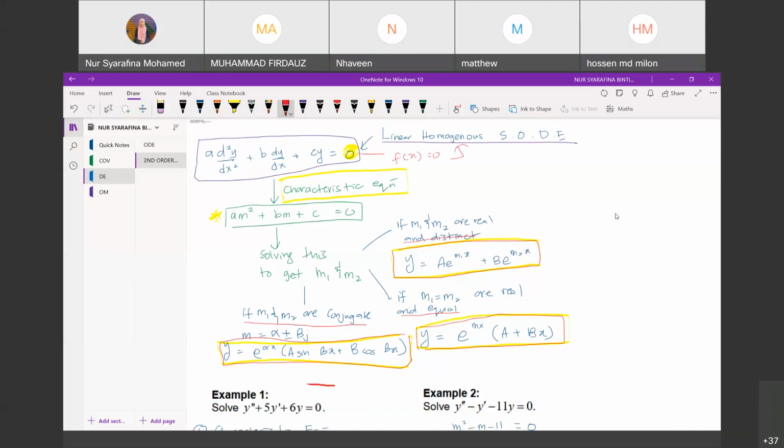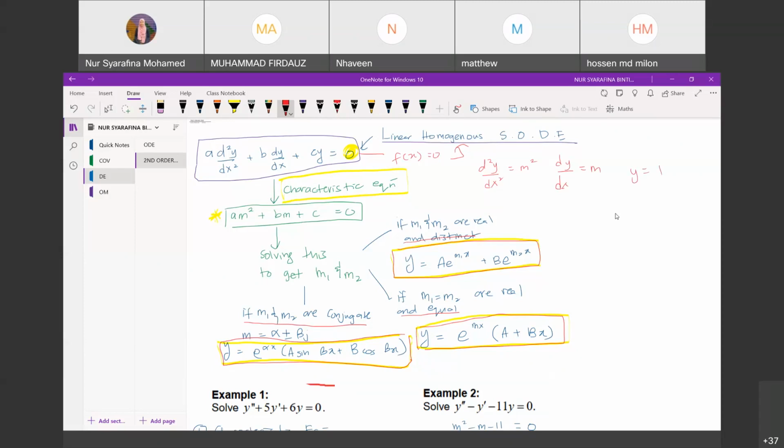First we need to convert this differential equation to a characteristic equation, where d squared y over dx squared equals m squared, dy over dx equals m, and y equals 1.